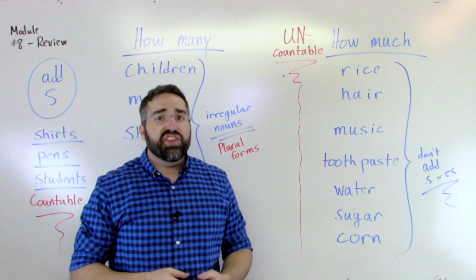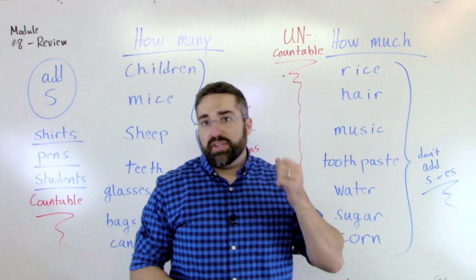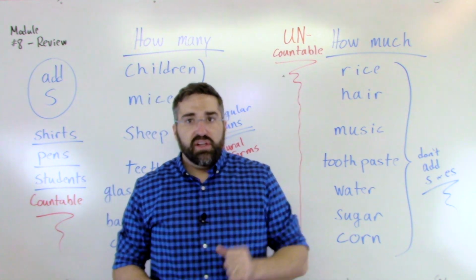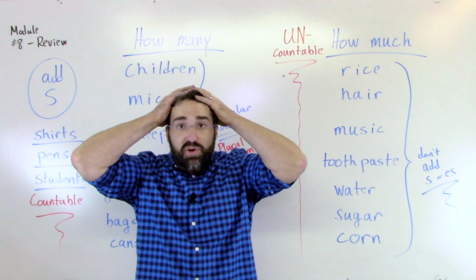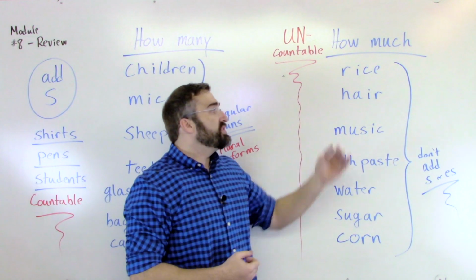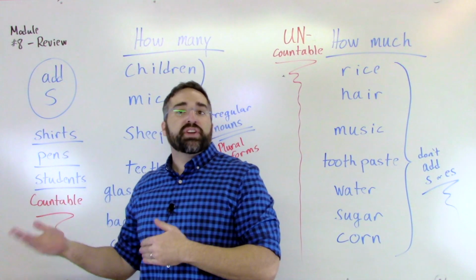Sometimes we might say you have a hair on your cheek or something. So this is very specific and it means you have 1. We can count that 1 hair, but if we're talking about the hair on your head, it is uncountable. So we would say, I'm getting a haircut, not my hair's cut.